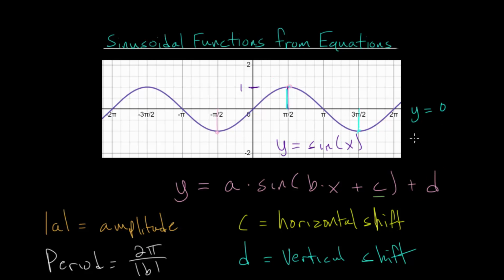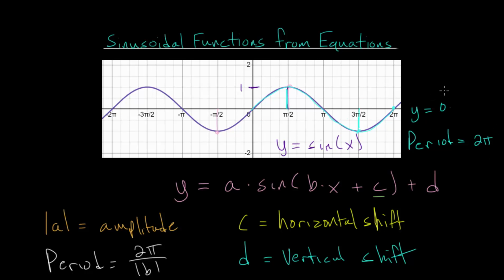And the period, one complete oscillation, is 2 pi. And we can see that it goes up through the peak, down back through the midline, then through the valley, and back to the starting point. We can see that one unique oscillation is 2 pi.